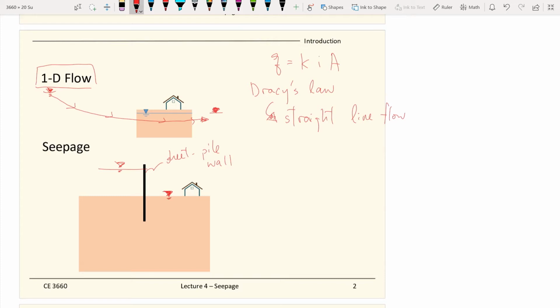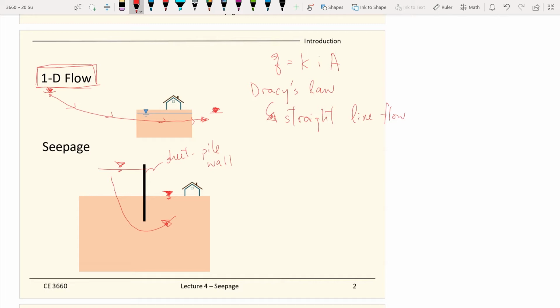So within a finite area for a project site, because of the man-made geotech structure, the water flow within the project site is no longer a straight line. In Lecture 3, the previous examples were at a very large scale, and the flow of the water was pretty much a straight line.